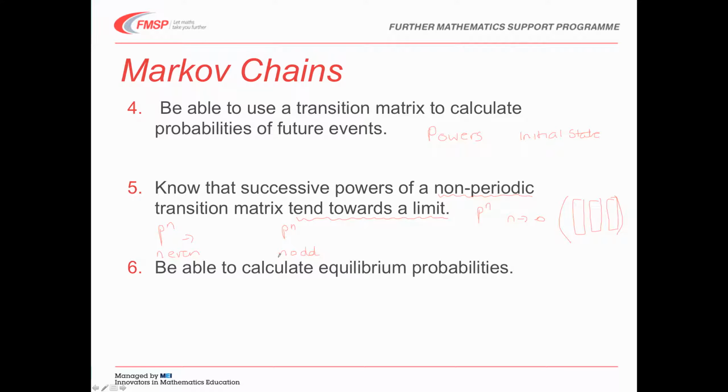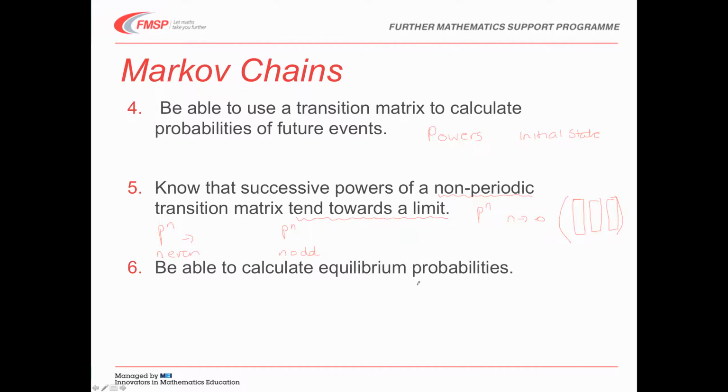Okay, so it may be for even powers you get one thing happening, and odd powers you get another thing happening, and that tends to be where you've got lots of zeros, alternating zeros and numbers in your matrix, that kind of situation. And then if you're looking at the probability that's in a particular state, rather than just being able to read that off the column, you might have to do an average of two different ones.